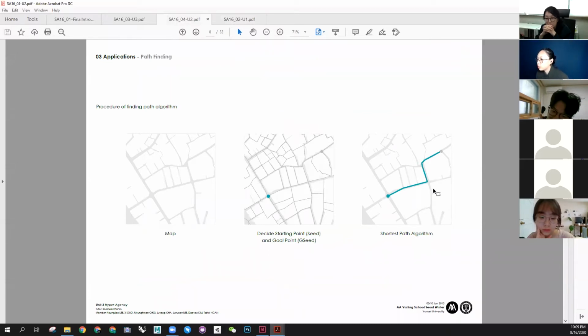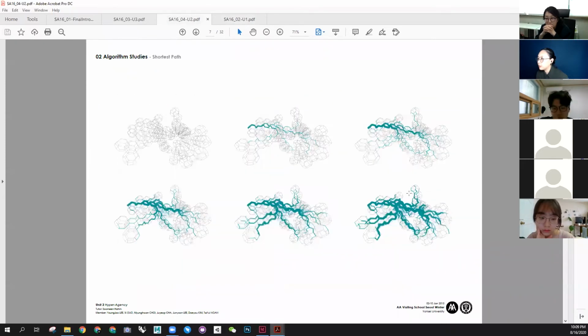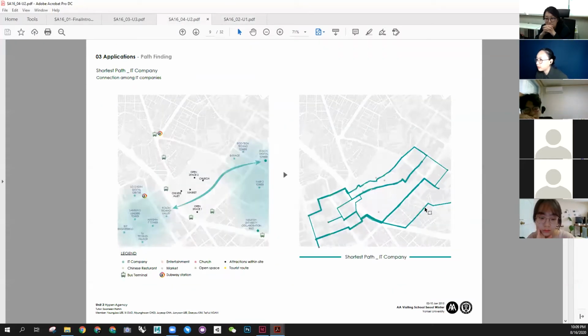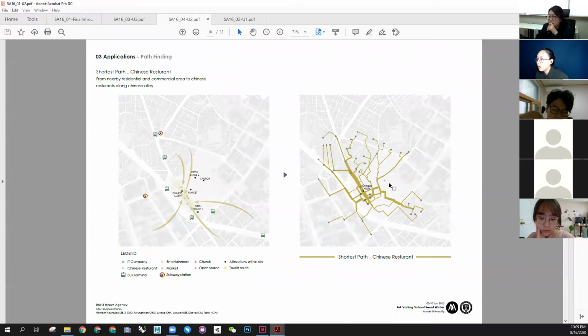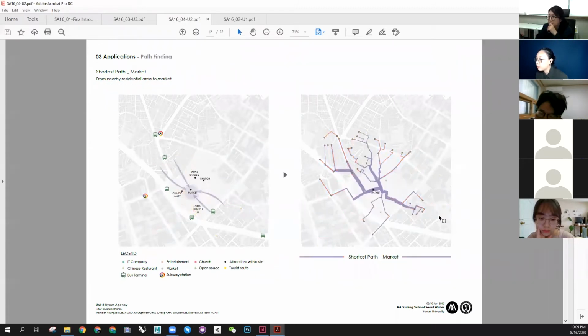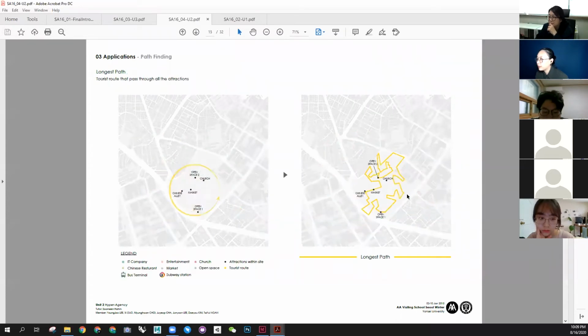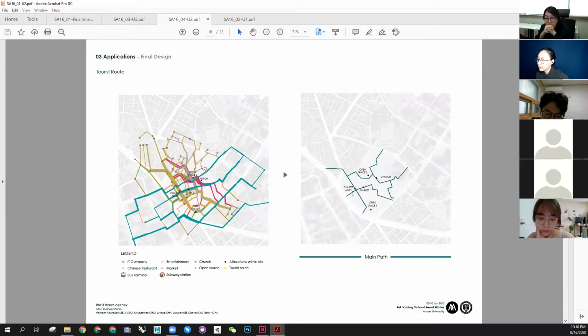So we used shortest path and sigma-based growth logic, and we were mapping out a lot of different prospective shortest and longest routes for different needs of social groups of people, and overlaid all these most frequently used routes to create a proposed route for publicity.